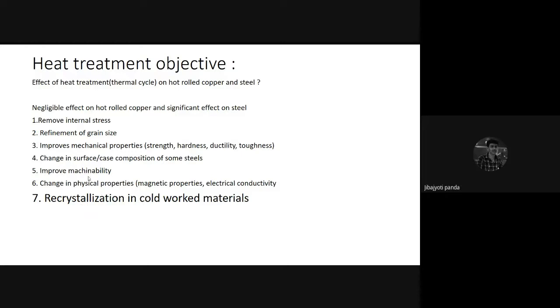Sometimes we want to change the case composition. These are the things. There is a question. Sometimes, suppose you do heat treatment on some materials, there is no significant effect on the properties.